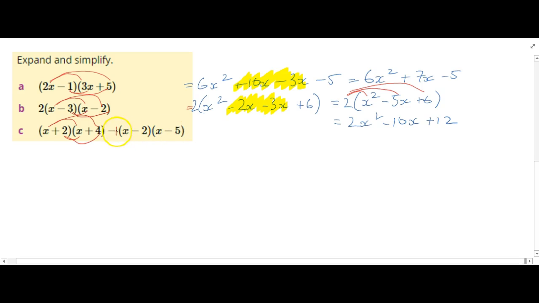If there's nothing there, there's a 1 there. So x times x is x squared, x times 4 is 4x, 2 times x is 2x, and 2 times 4 is 8. That's the whole first expression there.